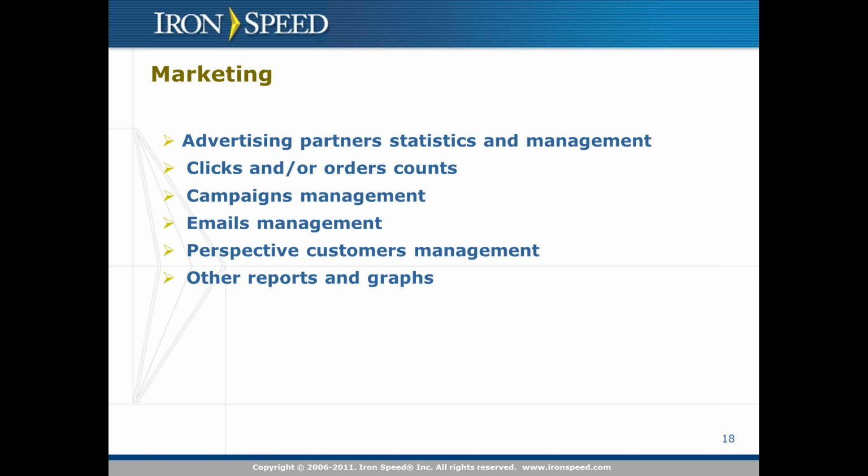So when somebody clicks a link from an ad somewhere, let's say on Google or Yahoo or any other advertising partner, we want to track this click and know that from Google we get that many clicks and that many clicks produced orders. So we have this type of conversion ratio, and for Yahoo it may be slower or better, and so on. So you need to track the statistics, and you need to track the number of clicks.